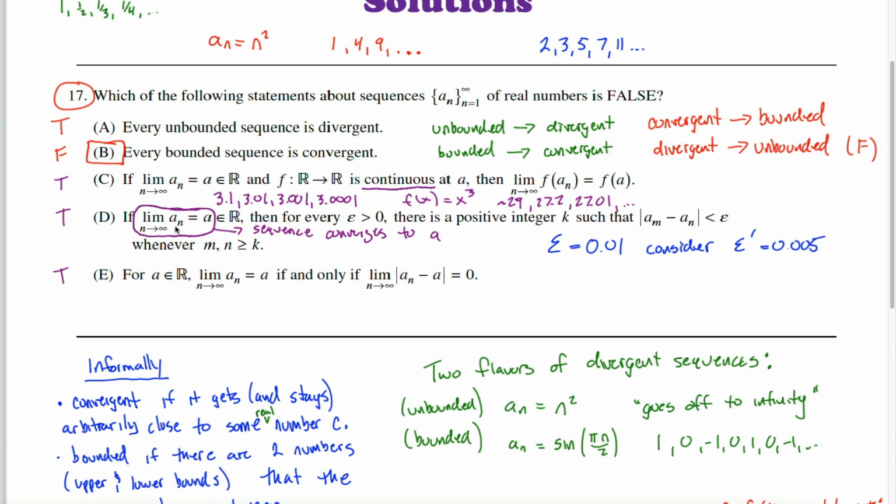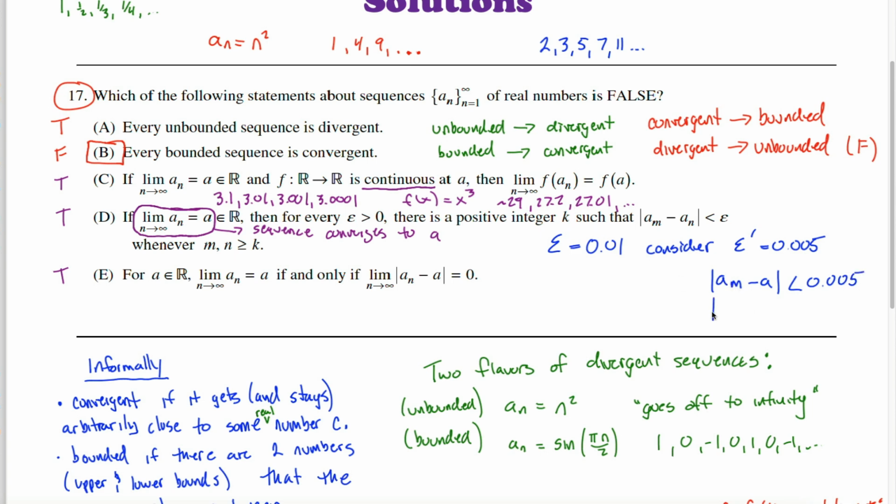Because this sequence converges to A, I know that for any epsilon, namely epsilon prime, I can find some point in the sequence K so that any number in the sequence, maybe we'll call it a sub m, is within this tiny little epsilon of A, what this thing converges to. Another way to say that is the absolute value of a sub m minus A is less than this 0.005. This is true for any m after the k that I pick.